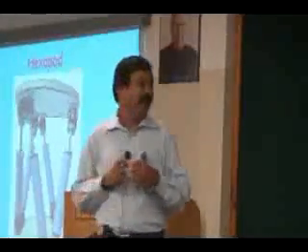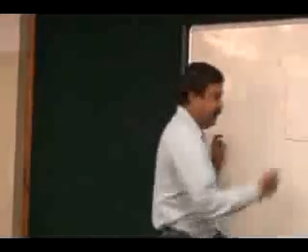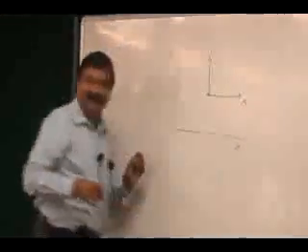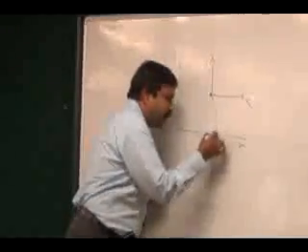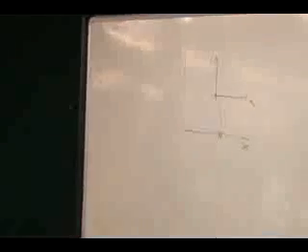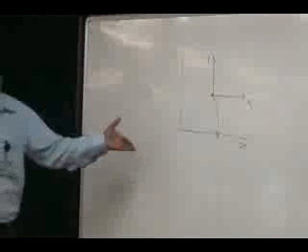So in a two-dimensional plane, a point can move along the x-axis, can move along the y-axis, or rotate on the xy plane. That is, rotate with respect to the z-axis. I cannot say z-axis because I don't have the z-axis.